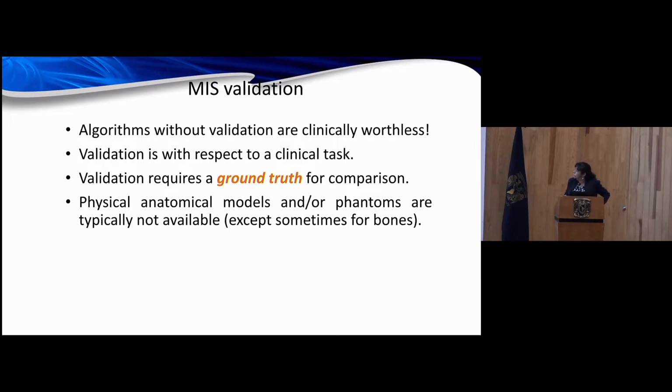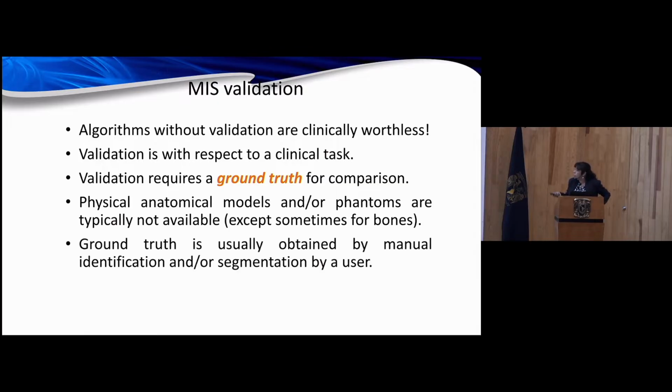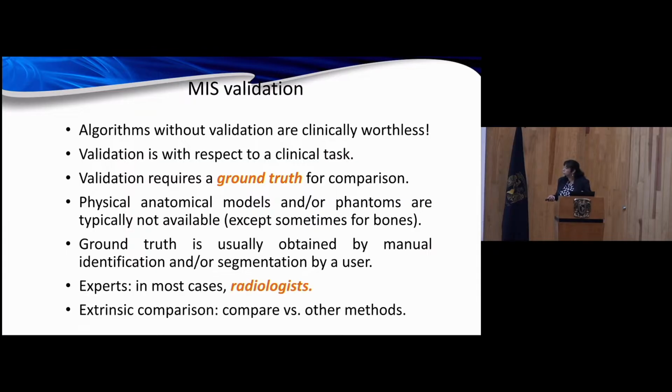We need physical anatomical models or phantoms. Sometimes they are available, sometimes not, except maybe for bones, which are more available. But ground truth is usually obtained by manual segmentation, like the delineation by the doctors, the clinicians, and they help to support this identification of segmentation. Most of the experts, not always, but most of the experts in medical images are radiologists.